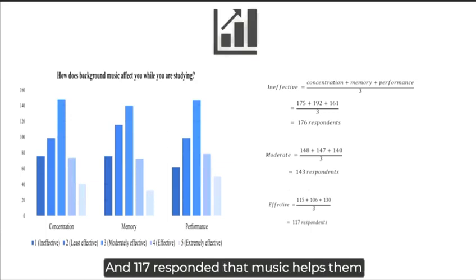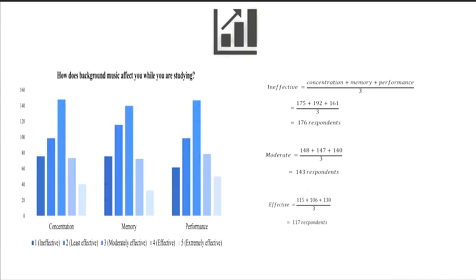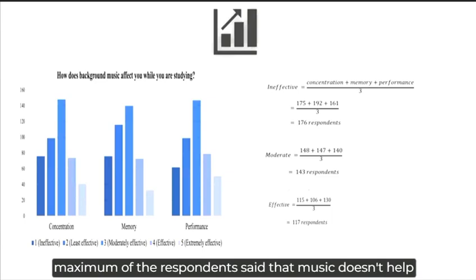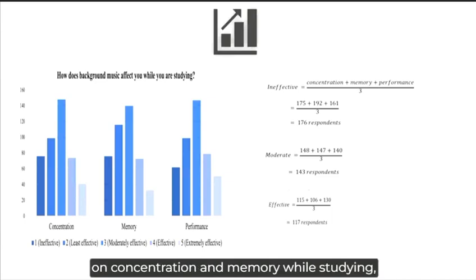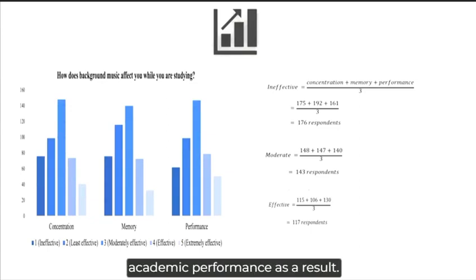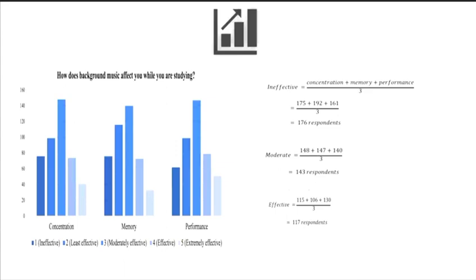And 117 responded that music helps them to focus or concentrate while studying, in turn improving their academic performance. So on an average, the maximum of the respondents said that music doesn't help concentration and memory while studying, and it distracts them, hampering their academic performance as a result.